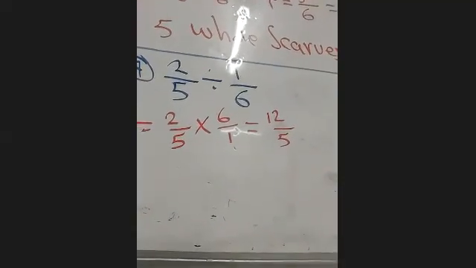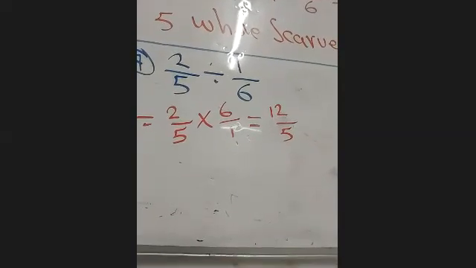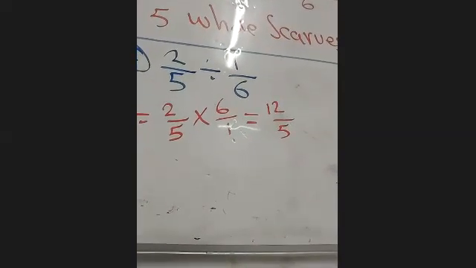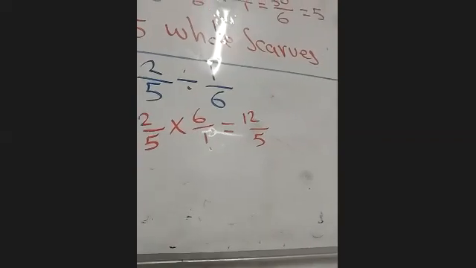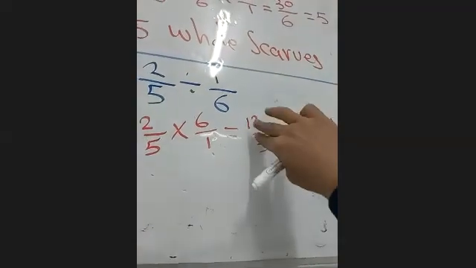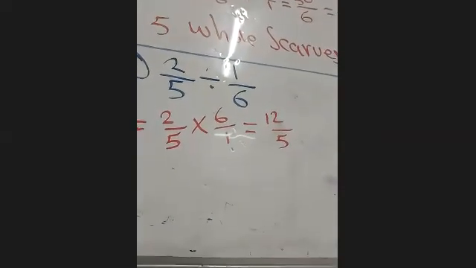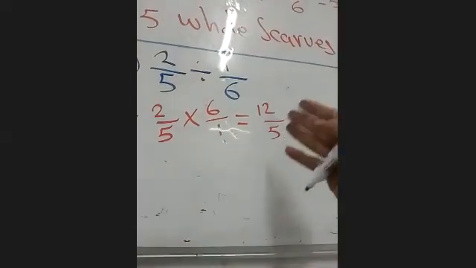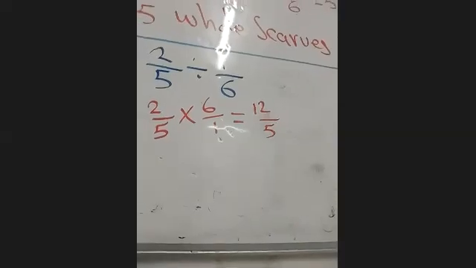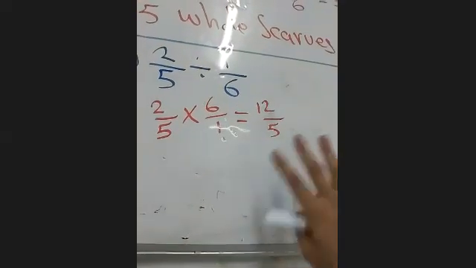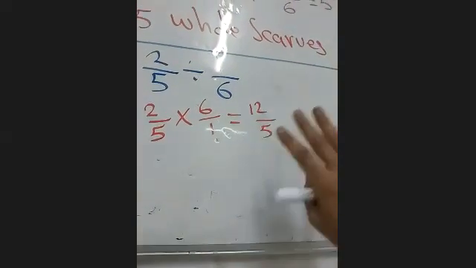Is 12/5 in simplest form, or do we need to simplify it? Are there common factors between these numbers? The 12 can be divided by 2, 6, 3, 4, 12, 1, right? The 5 only has 1 and 5, there are no common factors.